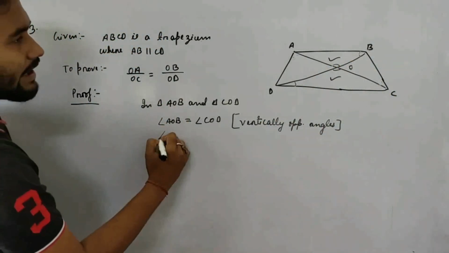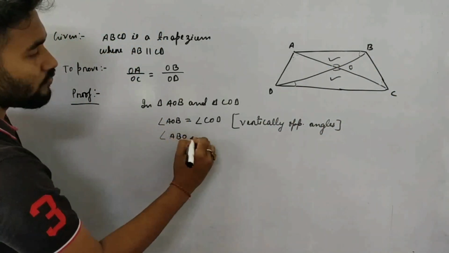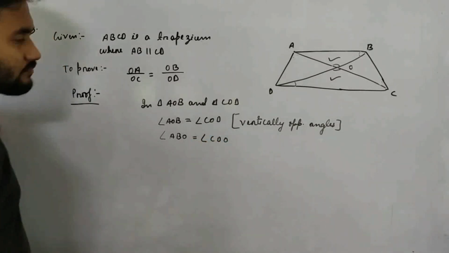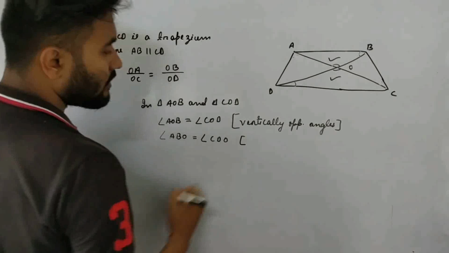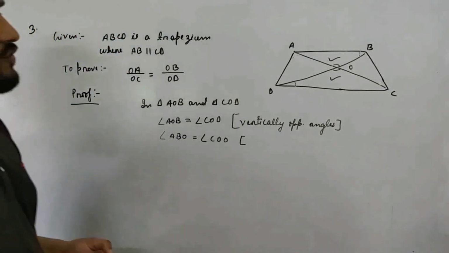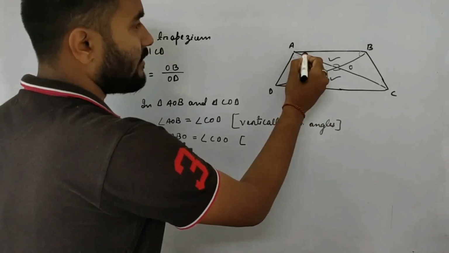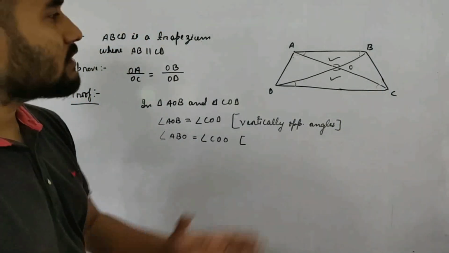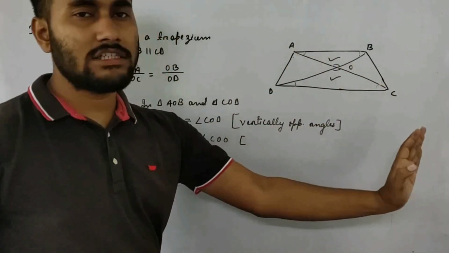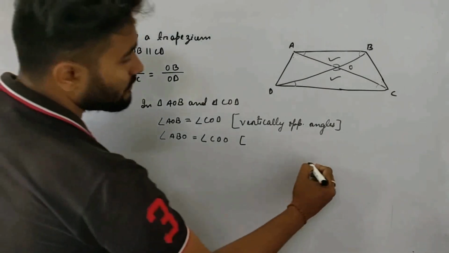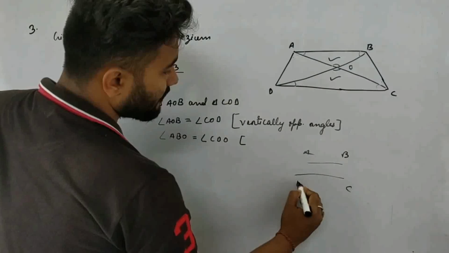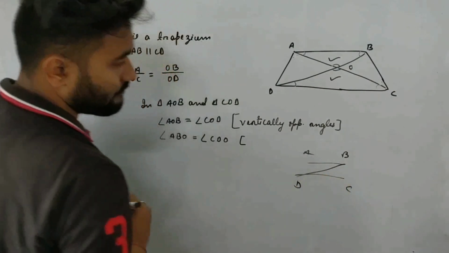So you write angle ABO will be equal to angle CDO. Reason: alternate angles. This angle will also be equal to this angle, same reason, alternate angles. Only the transversal has changed. At first the transversal was BD, with AB and CD.